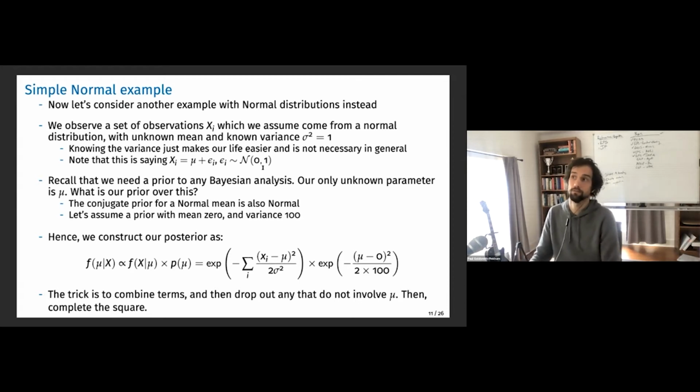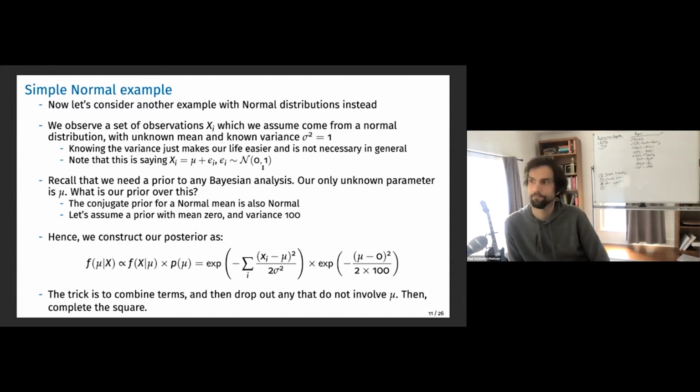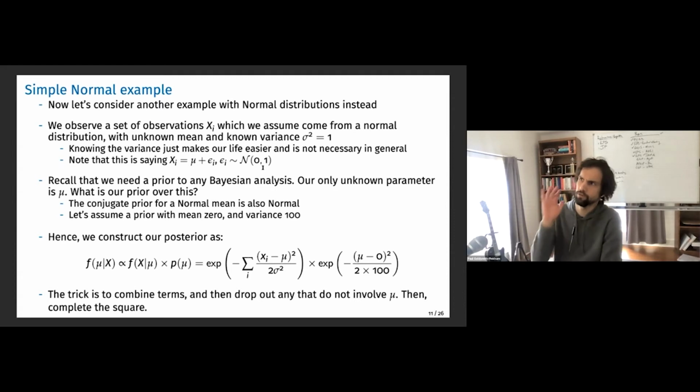Now we need a prior. The only unknown parameter for us is mu, right? Because we said that sigma squared is known. So what's our prior over this? And just as a quick aside, one way to think about saying this is a known variance is that you're effectively saying I have a dogmatic prior.